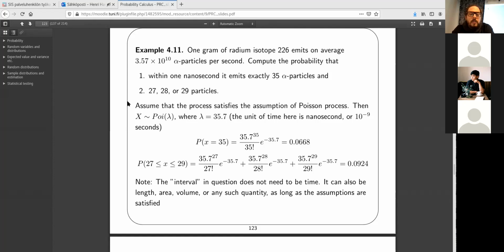Like I said before, the interval in question doesn't need to be time. It can be length, area, volume, any such activity. For instance, rainfall. Usually it's given as rainfall in millimeters. That means that regardless of how big or small a container you place, a certain amount of water comes in and fills it to some amount of millimeters.